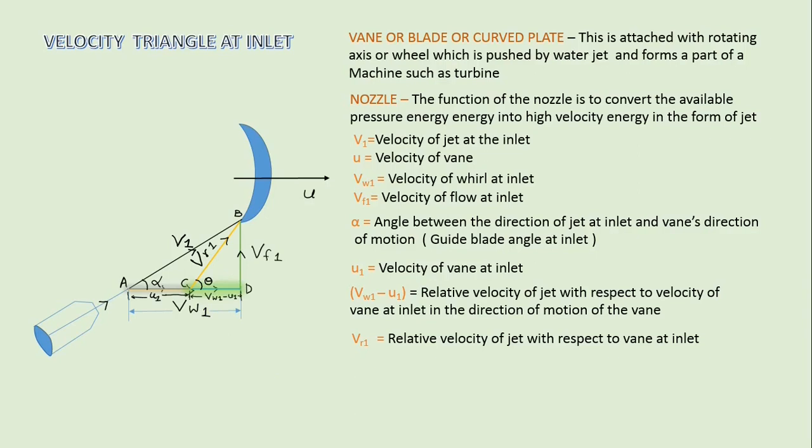In the velocity triangle, VW1 minus U1 is the most important, as this will be used for the derivation, because this is the actual velocity of the water jet striking the blade in the direction of motion of the vane. Next is the velocity triangle at outlet.